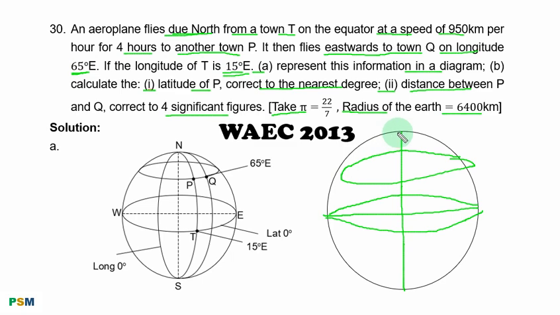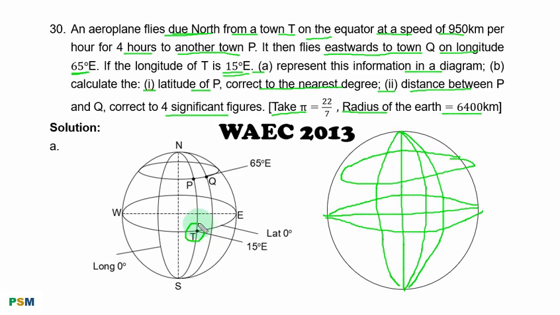So let's draw the prime meridian on the west side, that is longitude 0 degrees. Then you have longitude 15 degrees east and longitude 65 degrees east. The point T is on the equator, that is latitude 0 degrees, and that is the point T you have here.